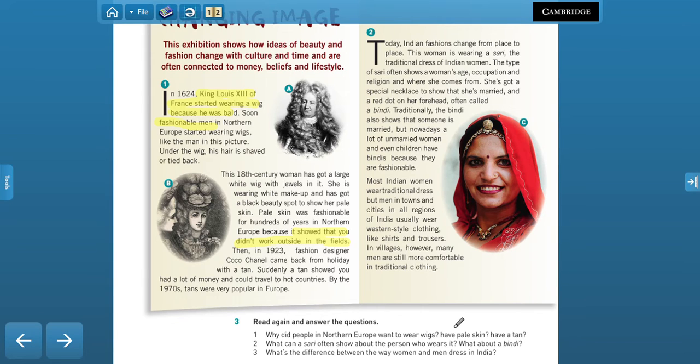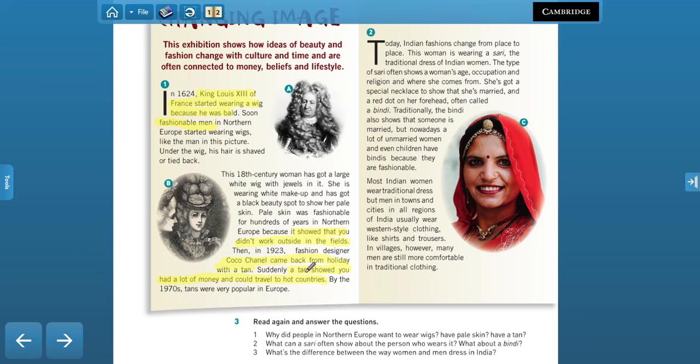Now, the opposite, having a tan, became popular years after when Coco Chanel came back from holiday with a tan, right? And then a tan showed that you had a lot of money again and that you could travel to hot countries, right? So first pale skin is popular because you don't have to work outside, and then tan skin is popular because you can go on vacations, and not everyone has money to go on vacations, right?